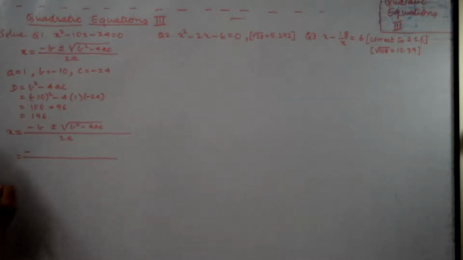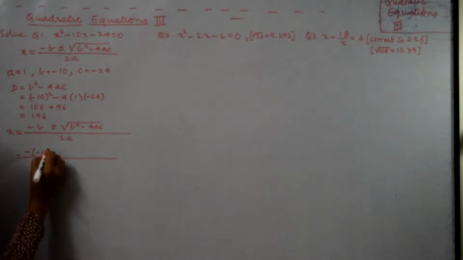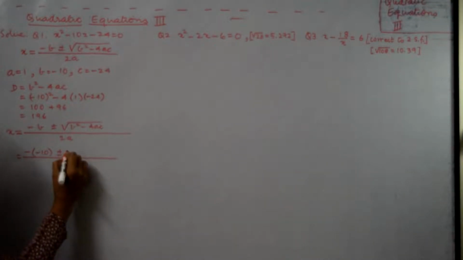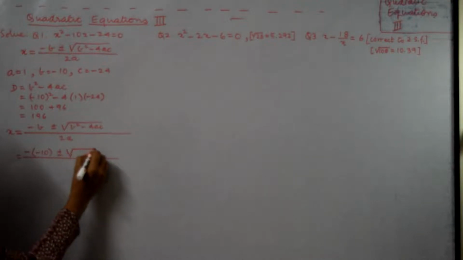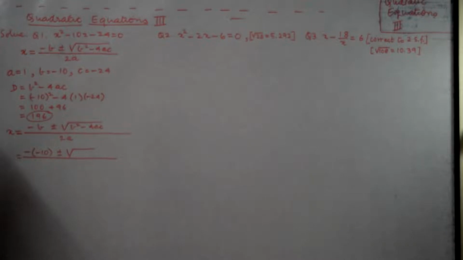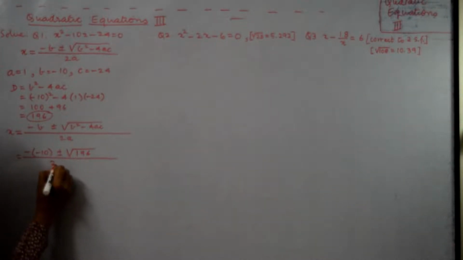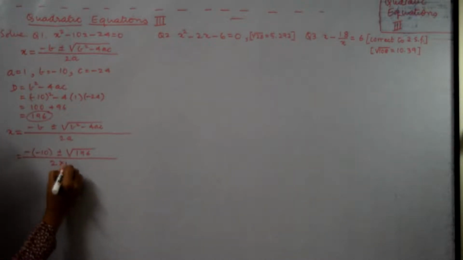Minus b we write minus as it is. Copy the value of b, that is minus 10, plus or minus root of b squared minus 4ac. We've already found out the value, 196. And then in the denominator there is 2 and the value of a is 1.